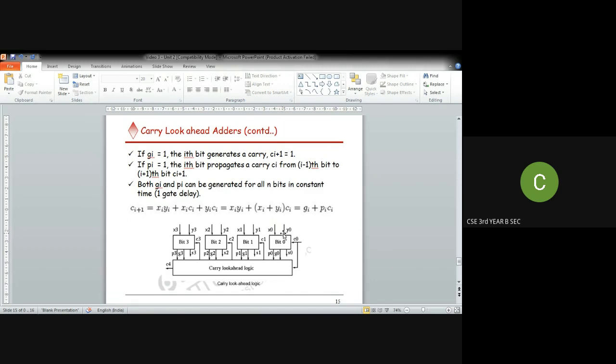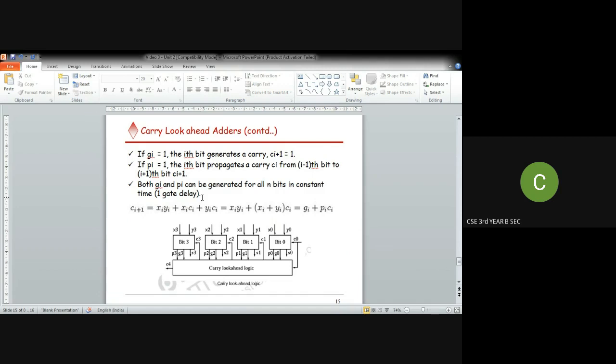If Gi equal to 1, the ith bit generates a carry, Ci plus 1 equal to 1. If Pi equal to 1, the ith bit propagates a carry Ci from the (i minus 1)th bit to the (i plus 1)th bit, Ci plus 1. Both Gi and Pi can be generated for all the n bits in constant time, with 1 gate delay.